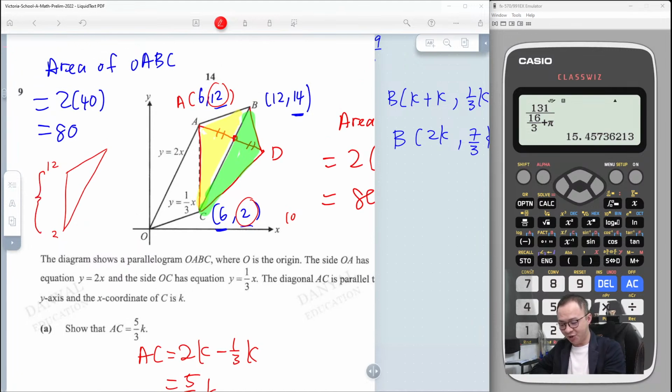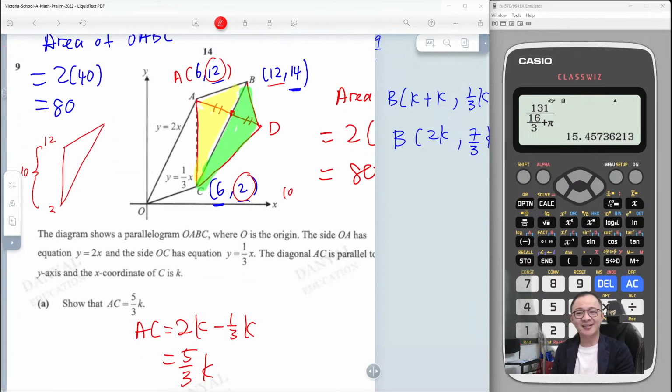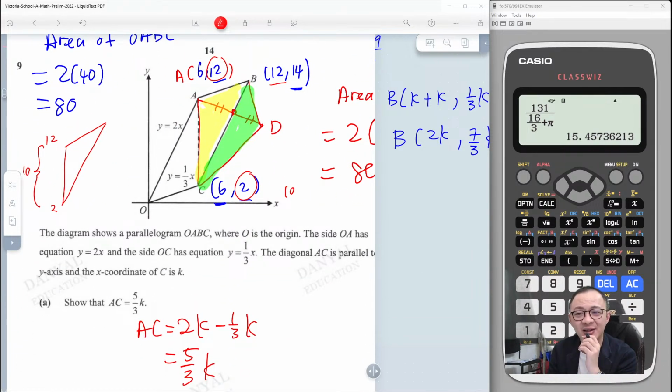So the length here should be 10. The horizontal distance is 12 minus 6. Oh, yes, it's x, right? Then I should get 6, right? I accidentally took something like 14. I thought you used BC.